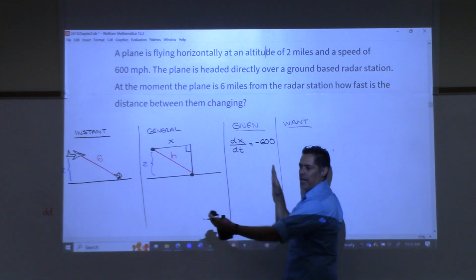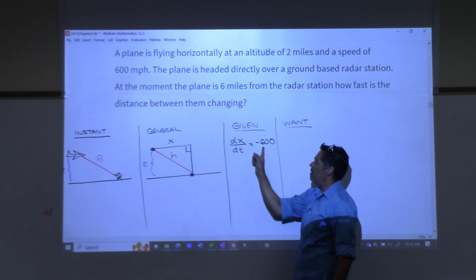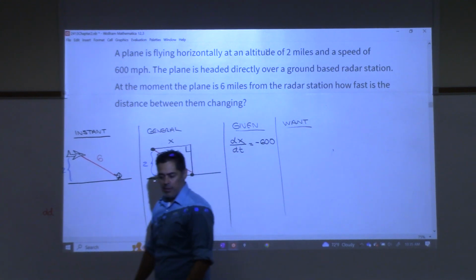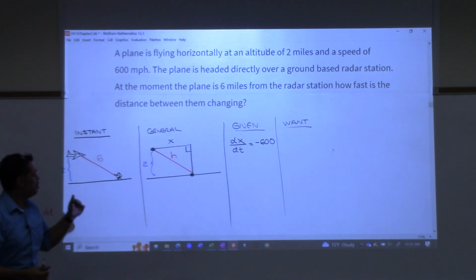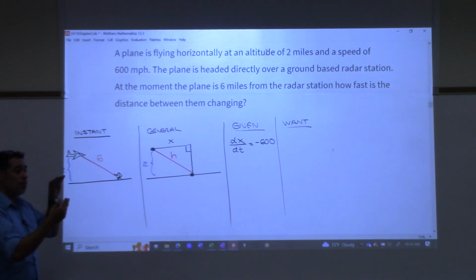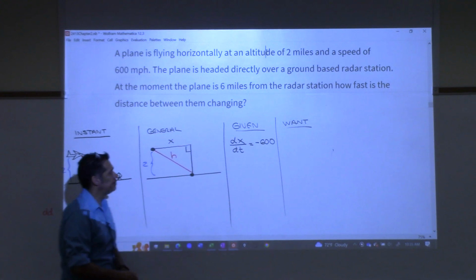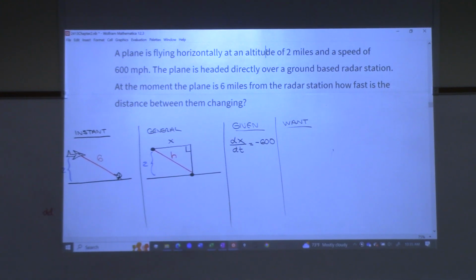If x is shrinking, getting smaller, then that has to be negative. If x was getting bigger, then I would leave it as positive. So remember in the beginning of the problem I said, do you want it coming towards us or going away from us? If we would have done the one going away, then this would have been a positive number. Any questions on that? A little different than what we've been doing, yes?